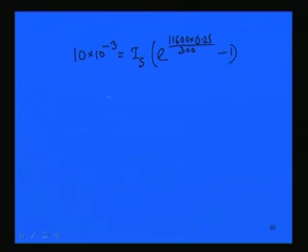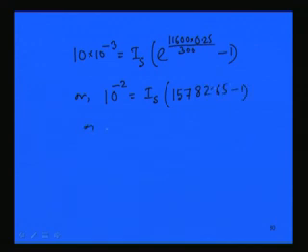If we simplify this equation, you have to calculate the e to the power term, which will finally be 1578.265 minus 1.